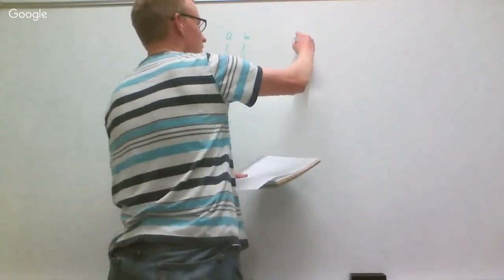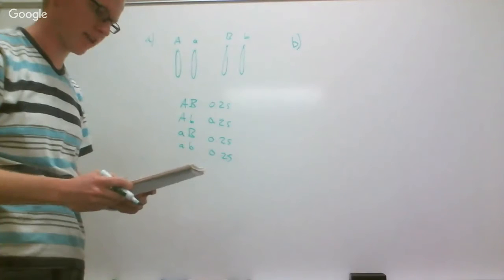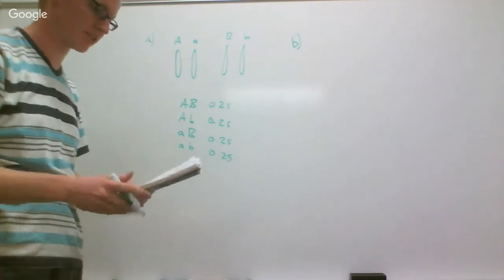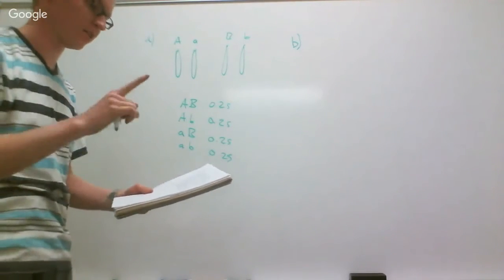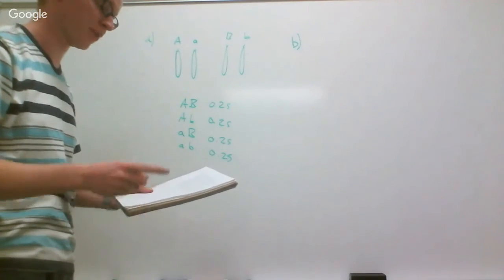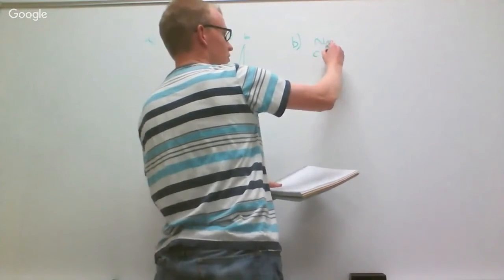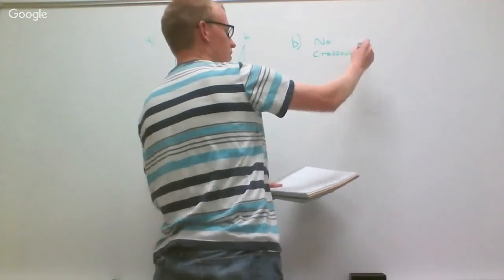Part B, we're considering the same alleles. In this case, big A is linked to big B, little a is linked to little b. For this problem, assume that crossover does not occur. So we'll make a note of that. No crossover.